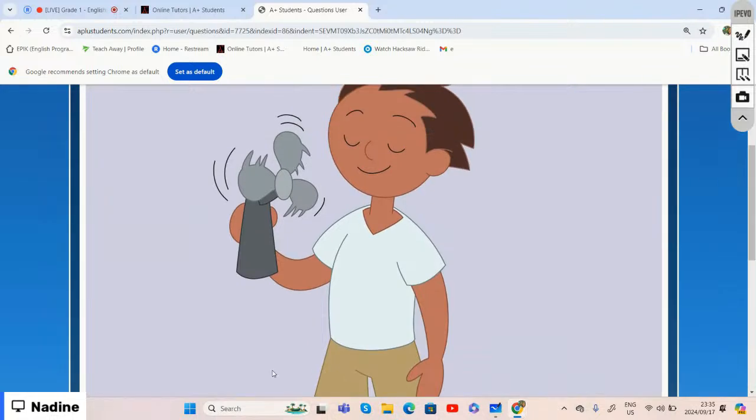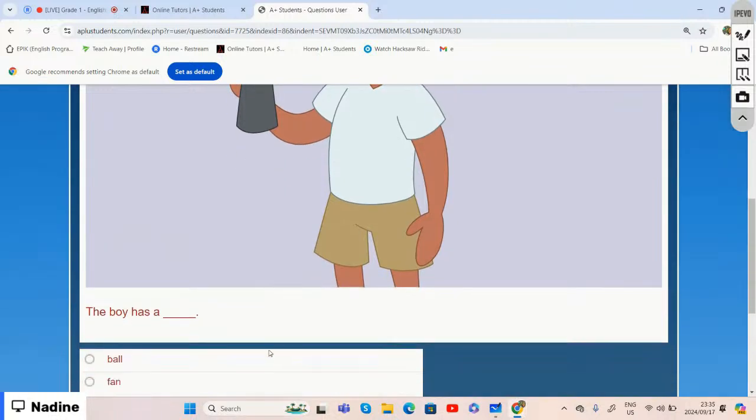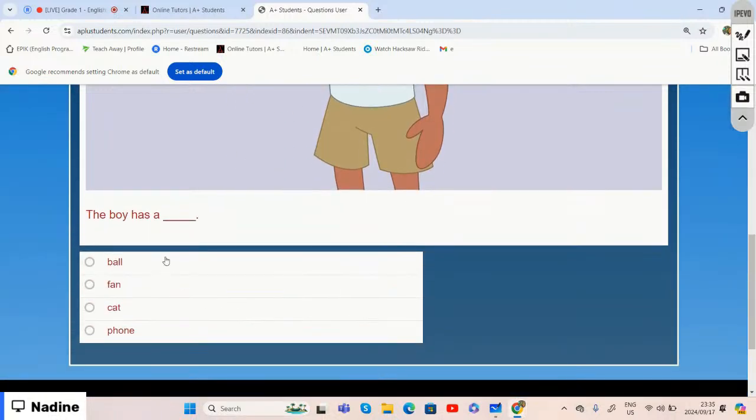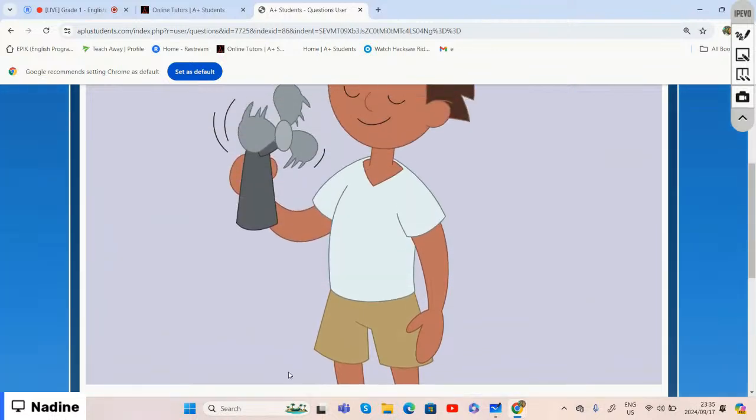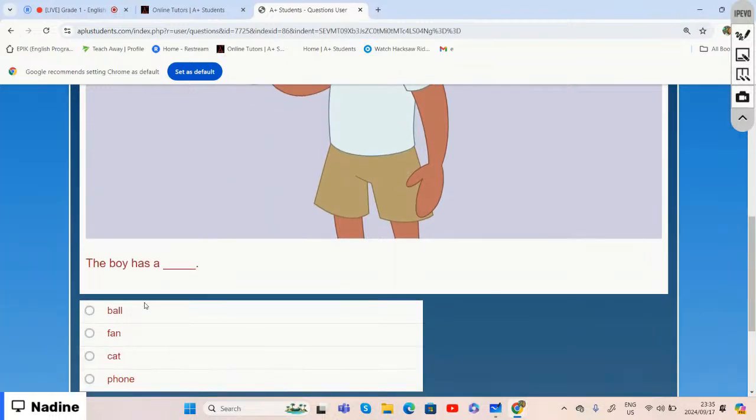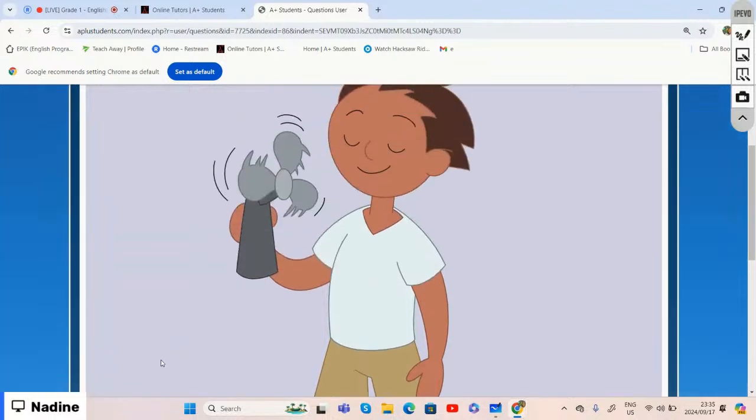Look at that thing that the boy has in his hand. Is that a ball? Is it a fan? Is it a cat? Or is it a phone? We need to say what the boy has.